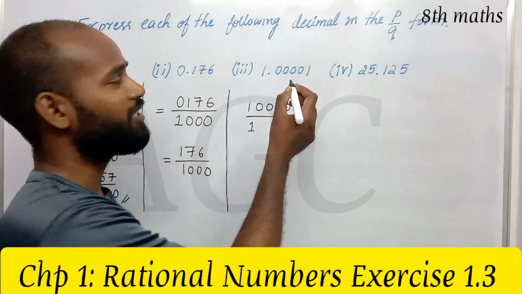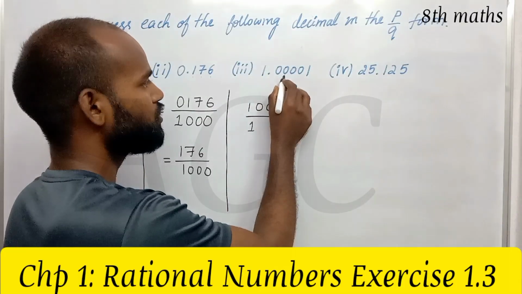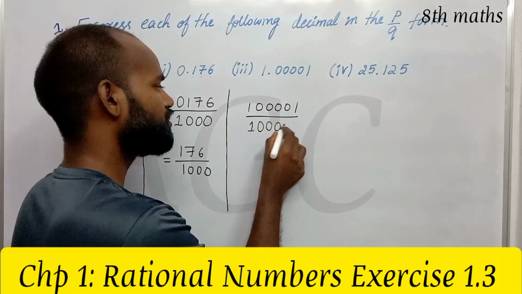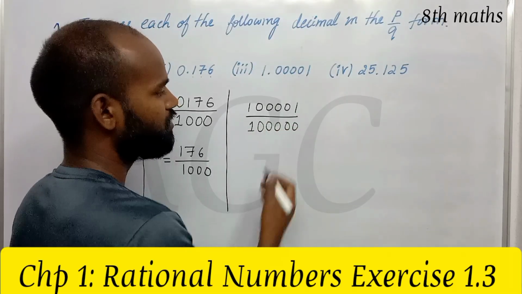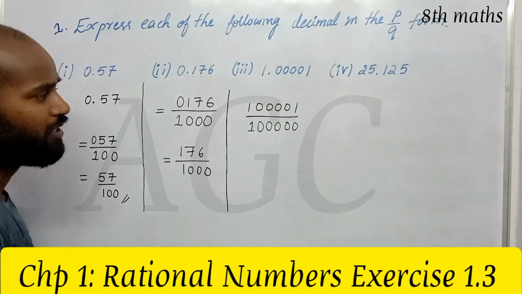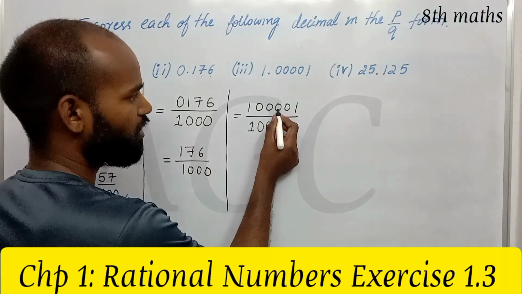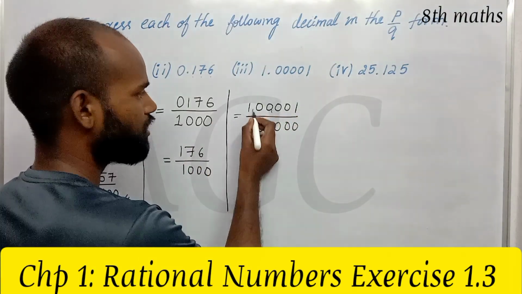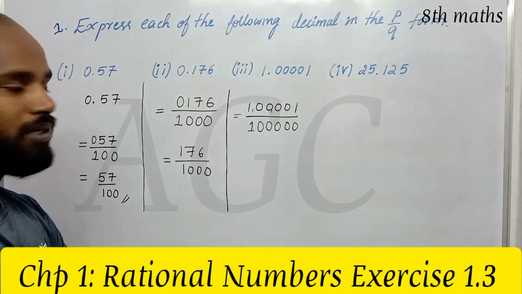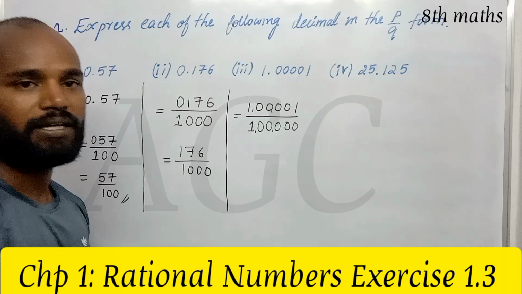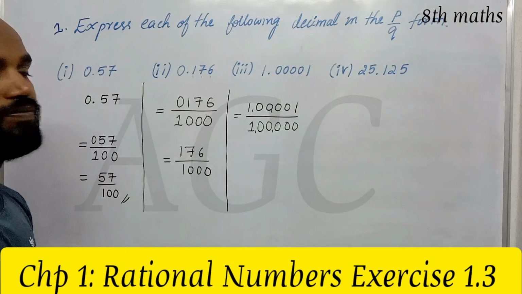After the point, how many digits will be there? Count once: 1, 2, 3, 4, 5. So place 5 zeros here. Yes, it's solved. So the final answer is 100001 by 100000, that is, 1 lakh. That's all.